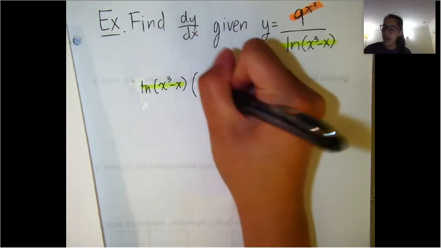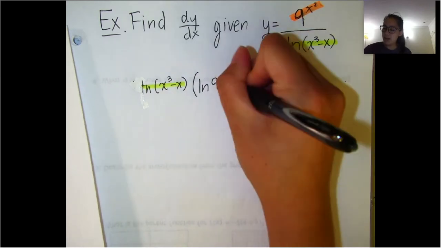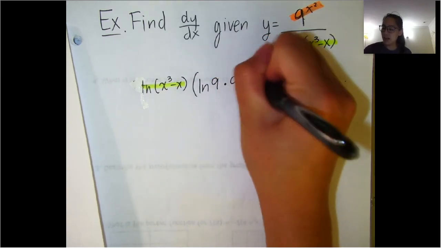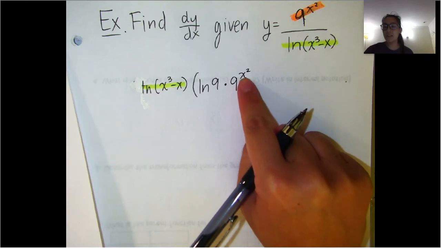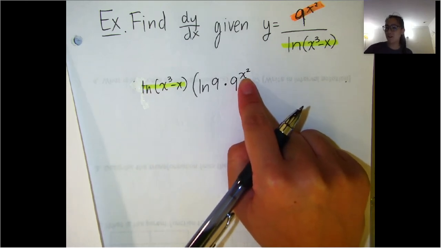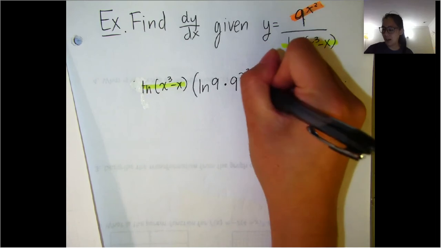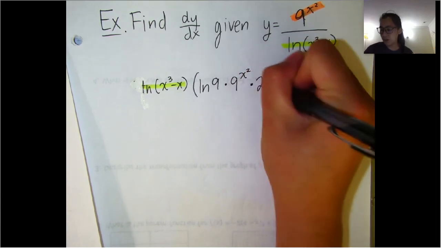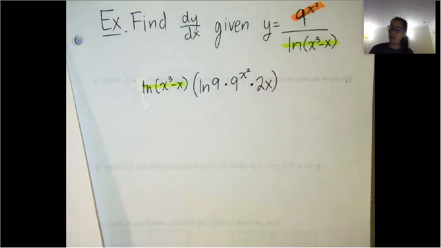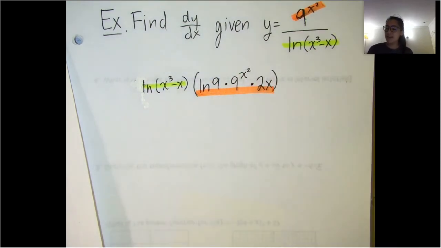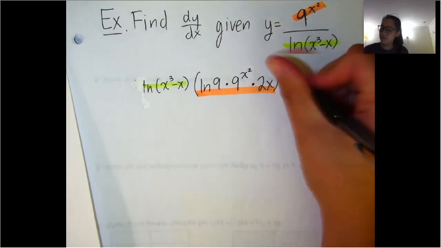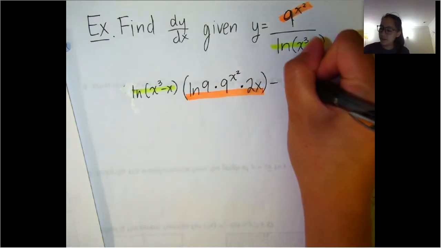So it'll be ln of 9 times 9 to the x squared. But I ignored that the x squared was a function inside a function, so I need to multiply by the derivative of that x squared, which is 2x. Okay, and that's the d high. And we've got minus high, which is 9 to the x squared.